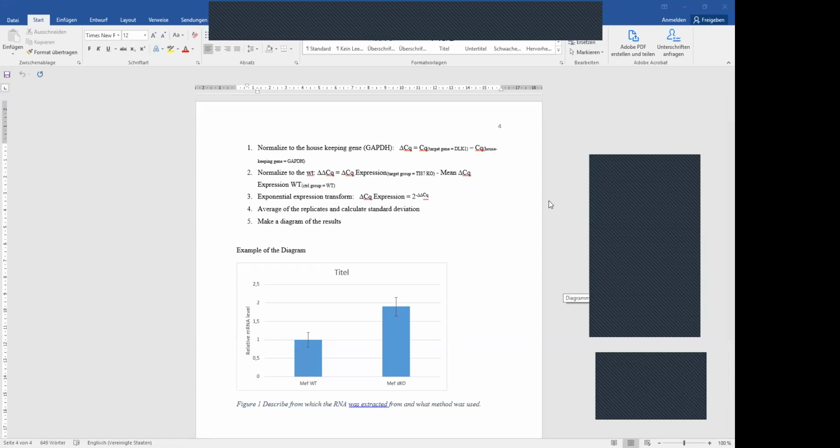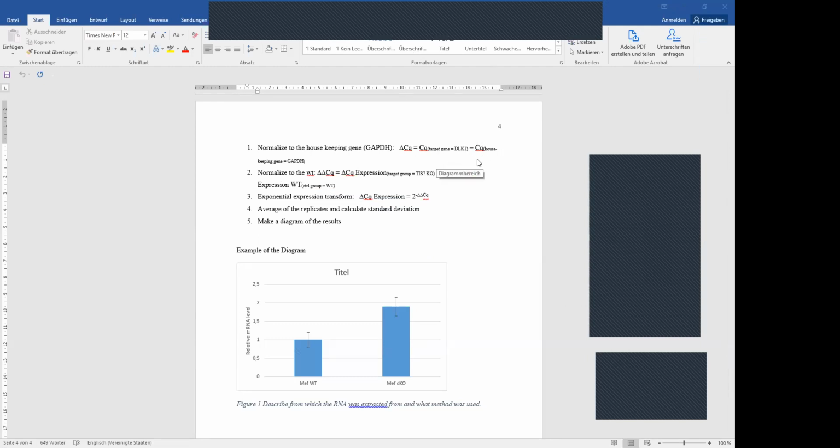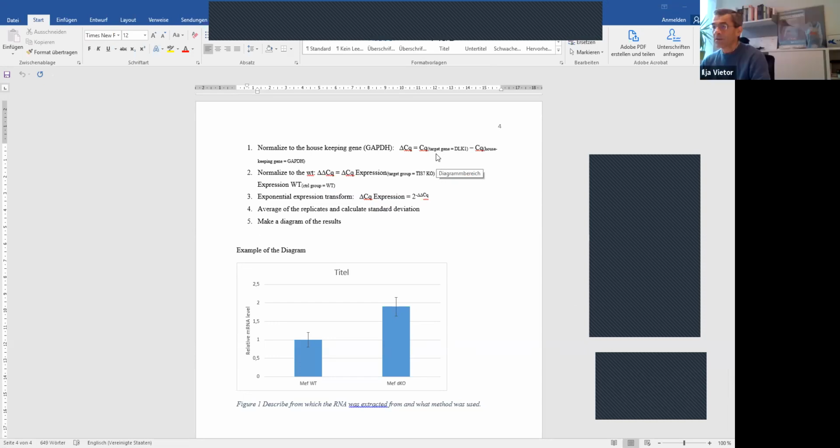So we always take 1 and 1 and 2 and 2 and 3 and 3. Exactly. So you do it the first sample for the DLK1 minus first sample for GAPDH, second sample for DLK1 minus second sample for GAPDH, and so on.